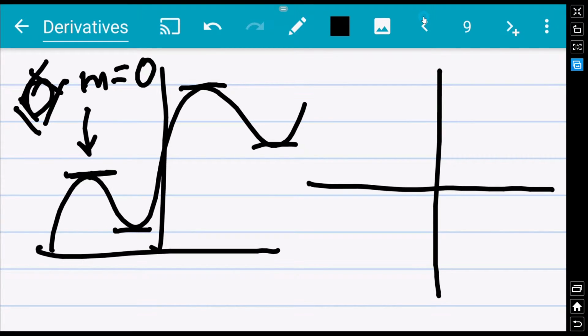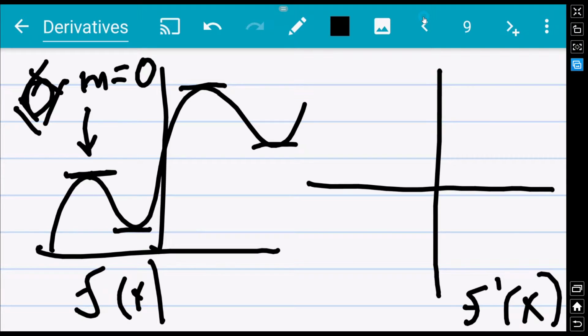So what does that mean? That means that the rate of change right there is 0. So if we were to graph this, this is f of x. This is f prime of x. Okay? Now, that means that if the rate of change is 0, the f prime of x is also 0.